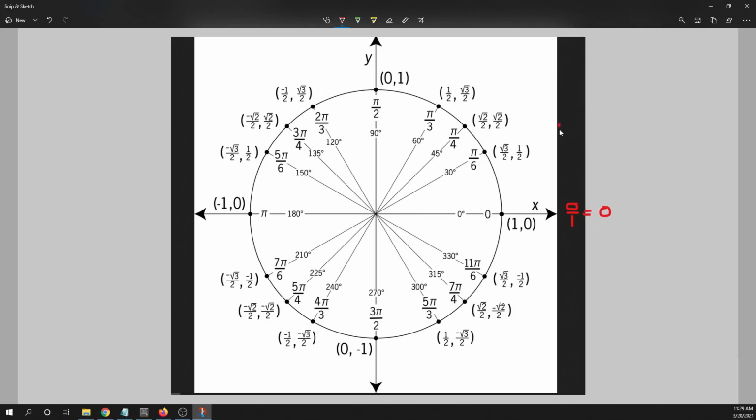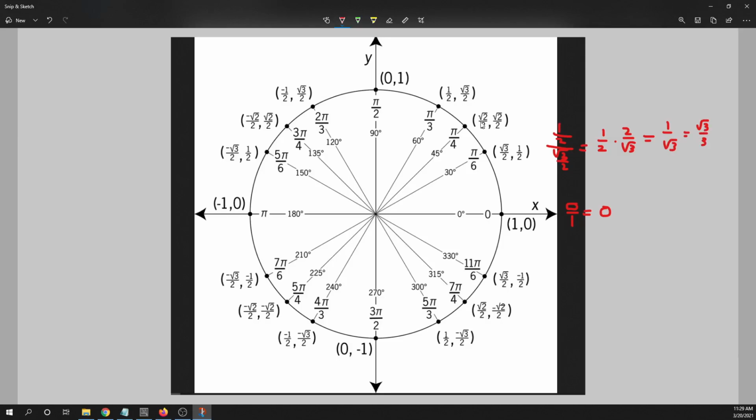For this angle, it would be 1/2 over square root 3 over 2, which is 1/2 times 2 over root 3, which is 1 over root 3, which when you rationalize it is root 3 over 3.